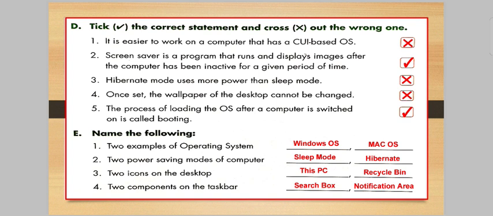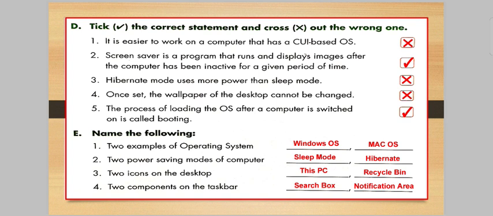Next is, name the following. Two examples of operating systems. There are lots of operating systems: Windows, Mac, Linux, Android, etc. So Windows OS and Mac are two examples of operating systems.